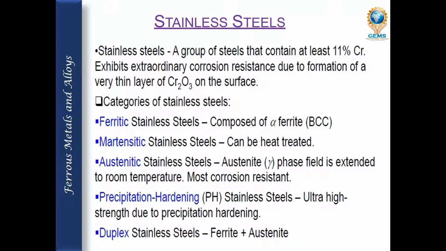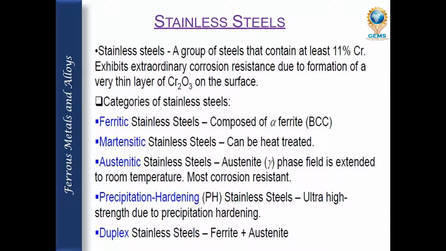Stainless steel is a group of steels that contains at least 11% of chromium and exhibits extraordinary corrosion resistance due to the formation of a very thin layer of chromium oxide on the surface. The categories of stainless steel are: ferritic stainless steel, which is composed of alpha ferrite; next is martensitic stainless steel, which can be heat treated; and the next one is austenitic stainless steel.